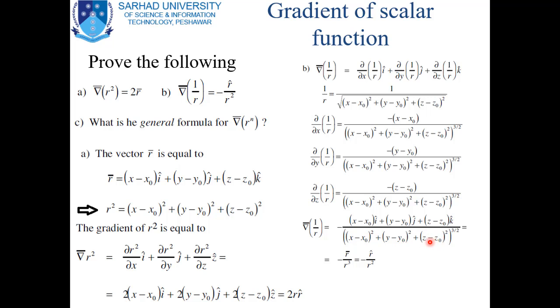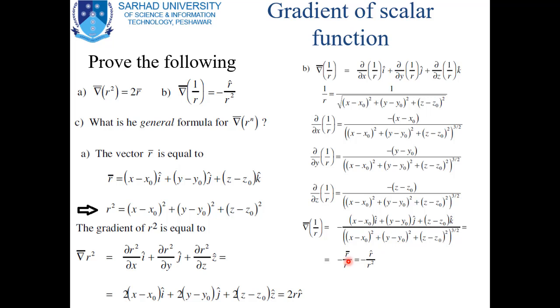And remember that as we have written r whenever the power is 1 by 2, here the power is 3 by 2. So the denominator term is r cube, and the above term is the vector form of r, which is known as the position vector.